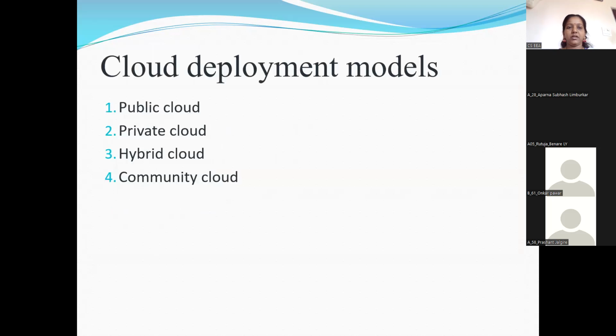That part we covered in our last lecture. So today we are going to see the cloud deployment models. It was just a rapid recap of our last 2 lectures.